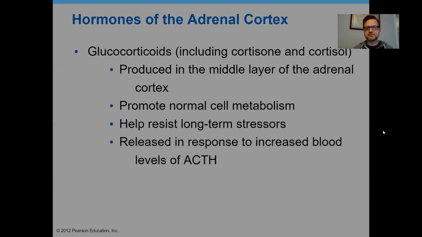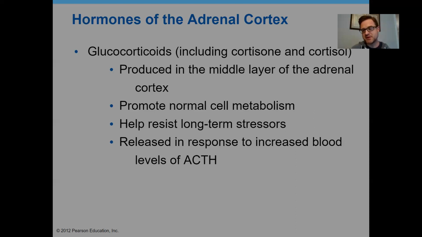So you've probably heard of cortisone or cortisol. If you ever have a really bad muscle spasm, they might give you a cortisol shot. If you have a bad rash like poison ivy, you might use Cortaid or hydrocortisone cream, which helps put inflammation at bay, helps stop the itching. So these are hormones. They're sort of like the opposite of the fight or flight response.